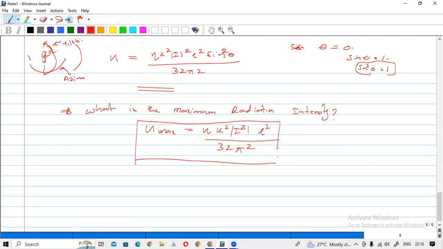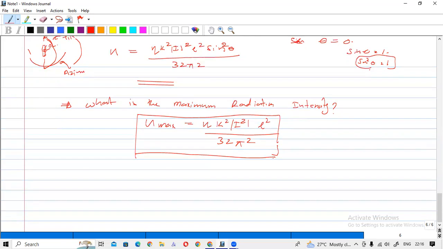And you can see that this U can also be defined as U max.